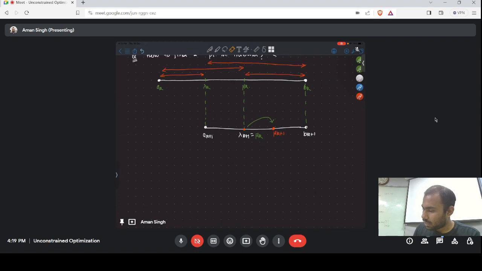Now if in each iteration we know lambda k plus 1, we add this length to ak and we'll get mu k plus 1, correct? So basically in each iteration we'll find bk plus 1 minus lambda k plus 1 and add this to ak plus 1. This is how we'll get mu k plus 1.